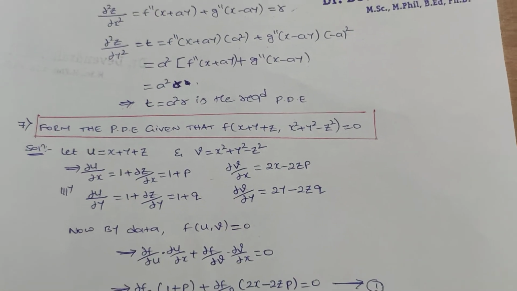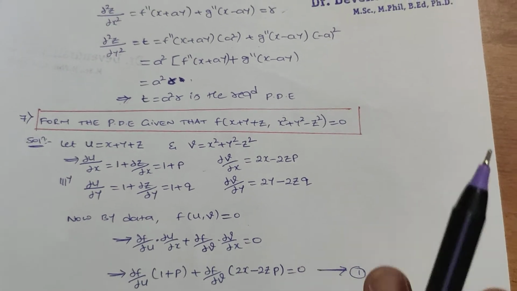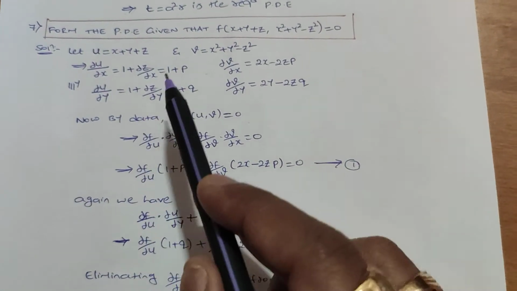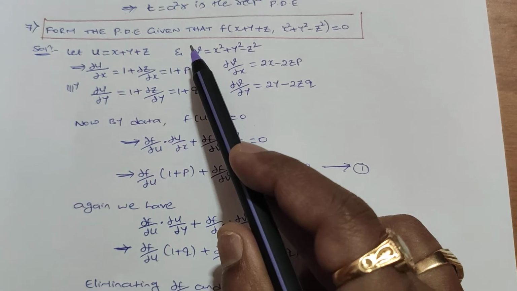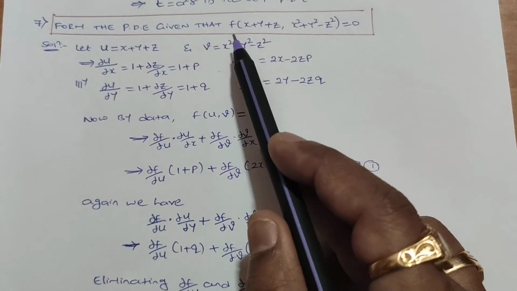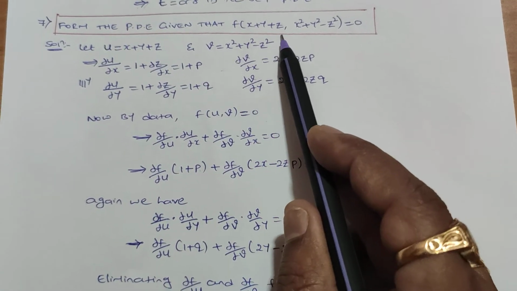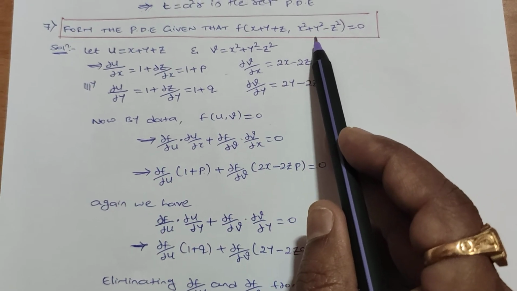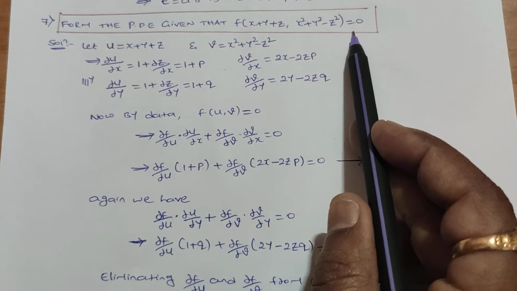Similarly, observe the next problem, that is the seventh problem. Form a partial differential equation given that f(x+y+z, x²+y²−z²) = 0.